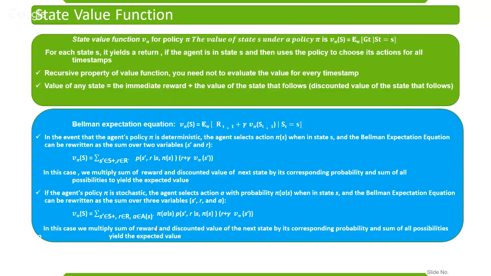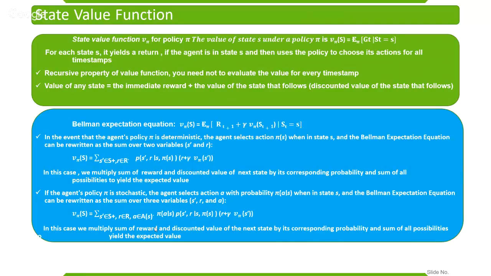as per the different things, the things change. So the approach to calculate the value function changes from policy to policy. There is a Bellman expectation equation which calculates the value function differently.